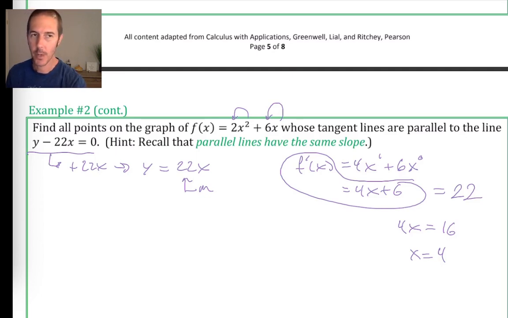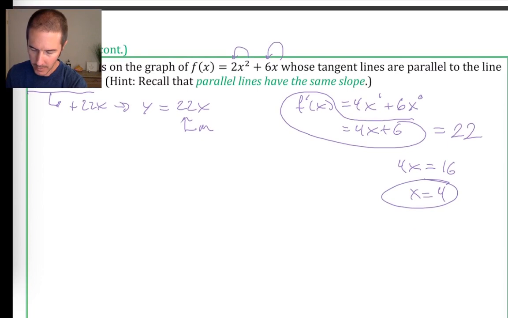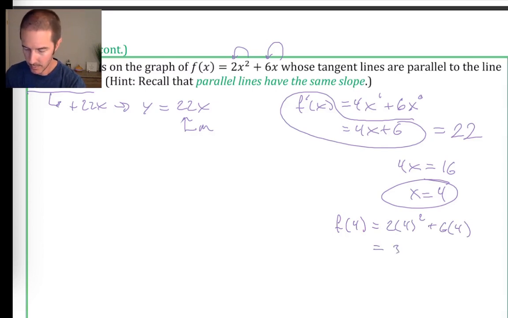X equals 4 isn't really a point on that graph. Let's find the corresponding y value. So we like this, but now let's find the corresponding y value by plugging that x value of 4 back into our original function, not f prime. I'm plugging it into f now. So that is 2 times 4 squared plus 6 times 4, which equals 32 plus 24 equals 56.